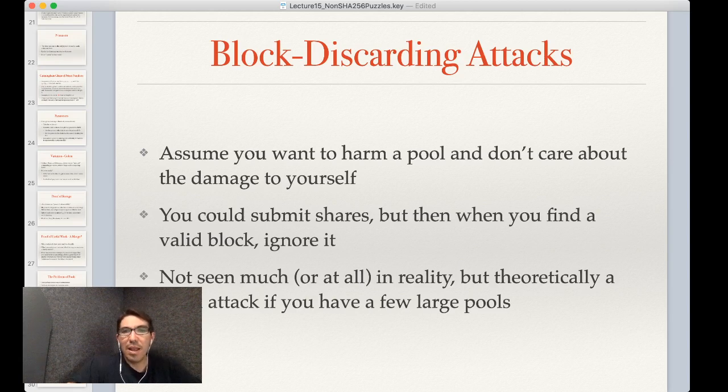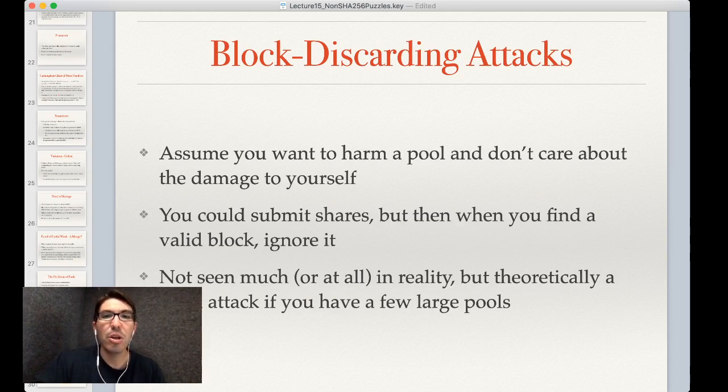This is not, as far as I know, seen much or at all, but theoretically it is a valid attack, especially if you're an attacker who is not so much concerned about the cost to yourself, but more about damaging the other pool. This pool might have a lot of hash power and is doing a lot of paying out, but is not actually ever finding blocks, or at least finding them much less because you're hiding them when you do.